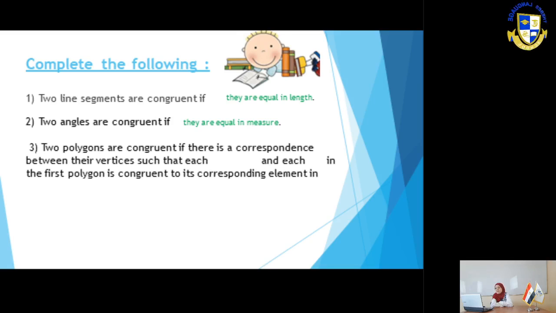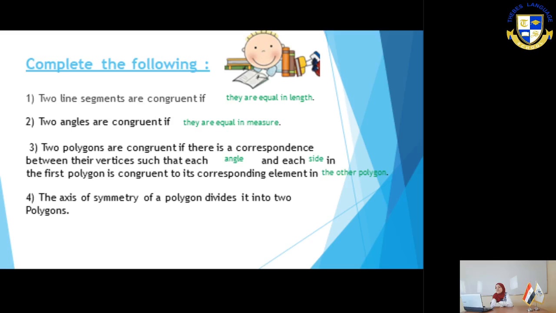Number 3: two polygons are congruent if there is a correspondence between their vertices, such that each angle and each side in the first polygon is congruent to its corresponding element in the other polygon.